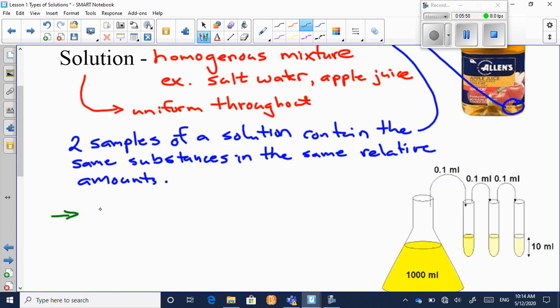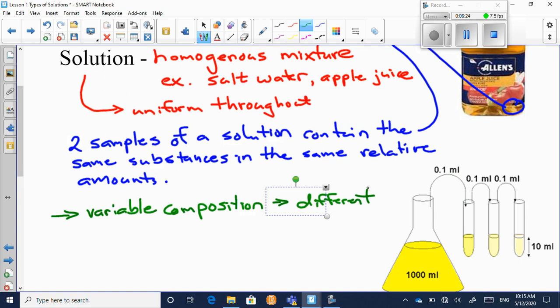Okay, one other quick comment here is that you have something called variable composition. Now, a lot of you may say, well, that sounds like you're just contradicting what you just said, Mr. Webster. But what variable composition means is that different ratios of solute to solvent are possible.